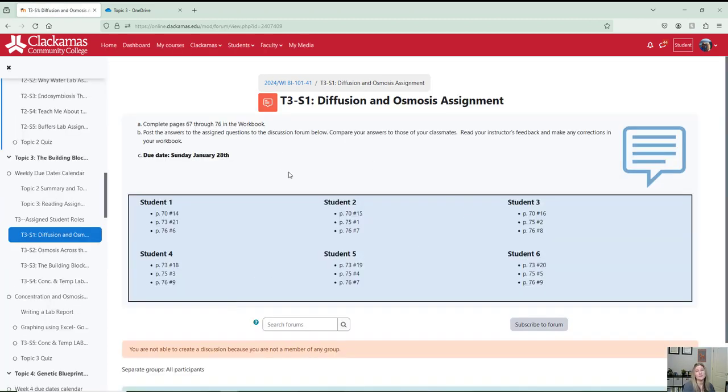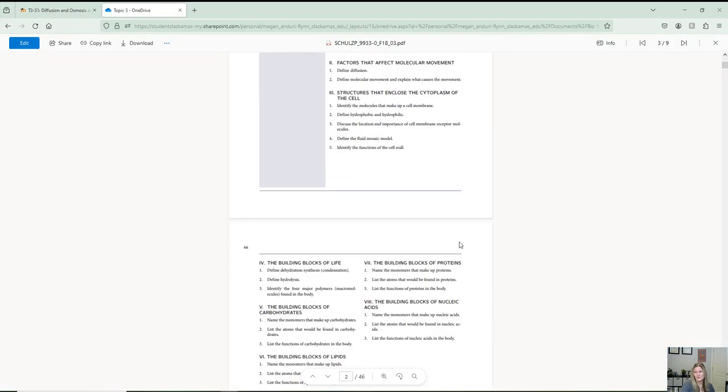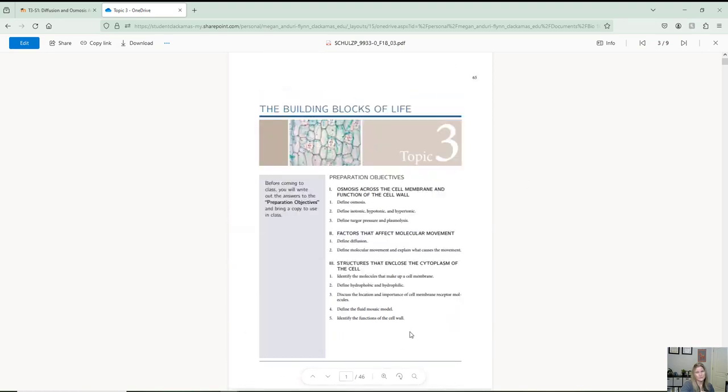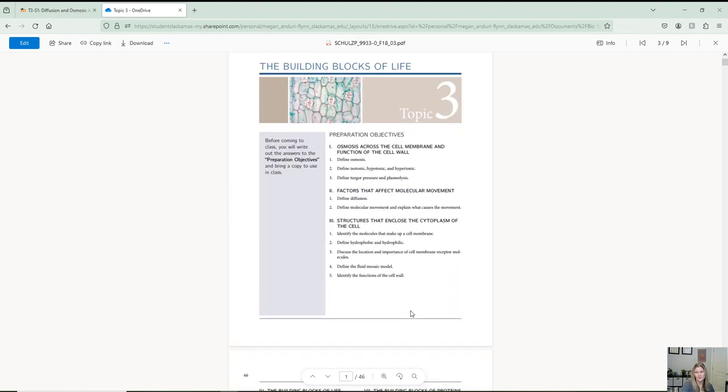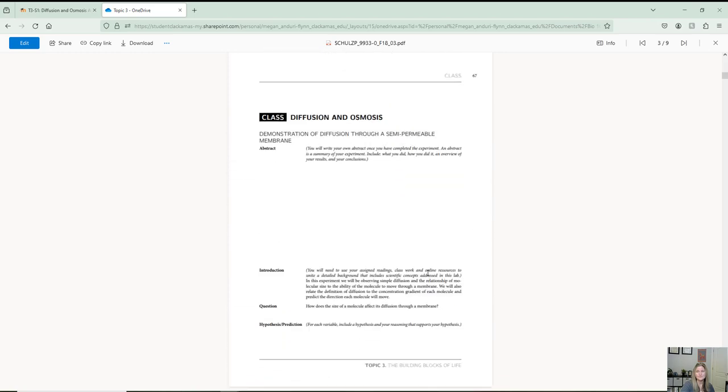Okay. So let's take a look at the material for this week. So our first assignment that we're going to be completing by Sunday midnight is the diffusion and osmosis assignment from our workbook. So with this assignment, with topic 3, by the way, we always start out in your workbook, you have your preparation objectives. So this is a good idea to take your textbook and be able to answer these questions before you start.